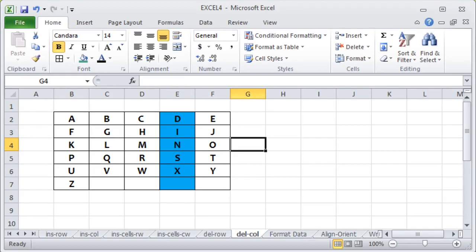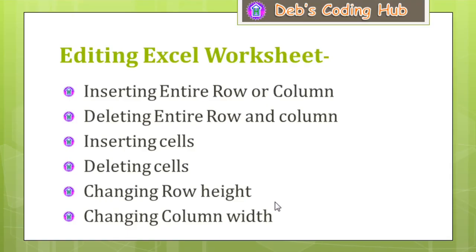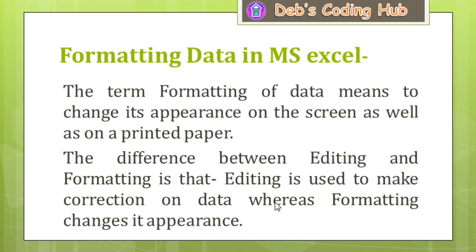So let us come back to our presentation. The next topic we are going to cover is formatting data in MS Excel. The term formatting of data means to change its appearance on the screen as well as on a printed paper.